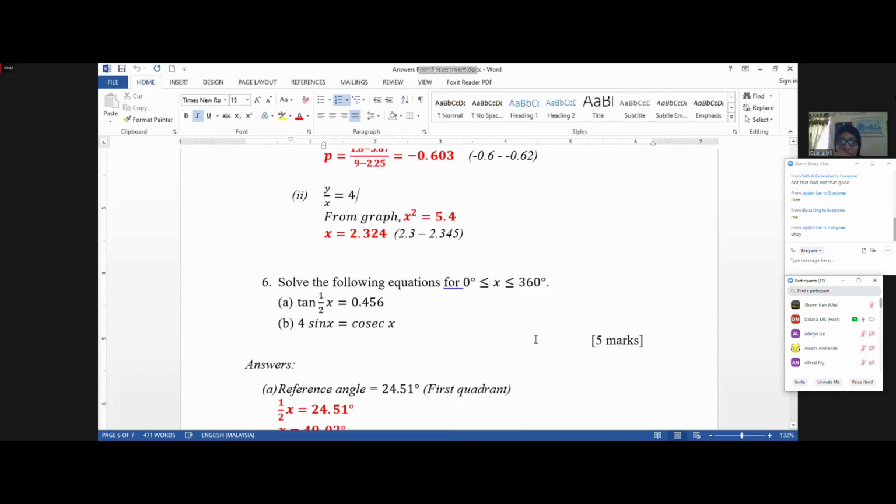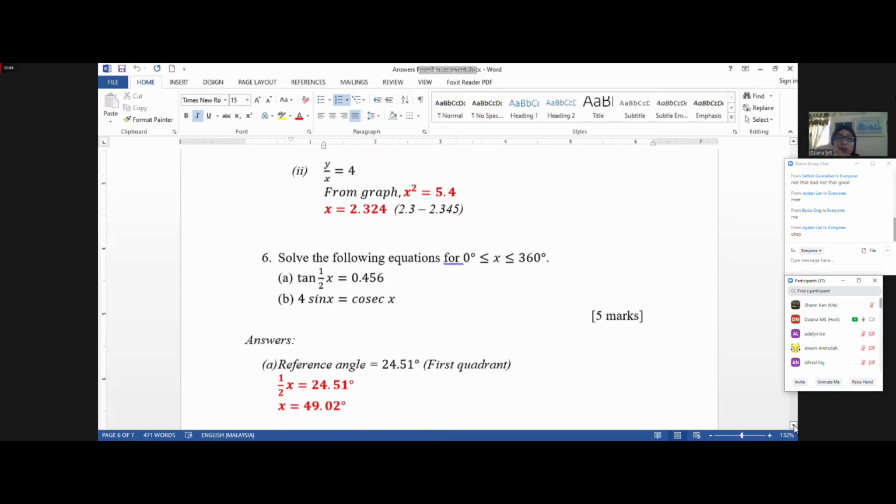So it's at the first and second quadrant, but tangent is positive at first and third. So there's no answer for the second quadrant. The third quadrant is not within the range, so do not take this third quadrant. So half x equals 24.51, so 1 mark, and x is 49.02. Okay, that's all.